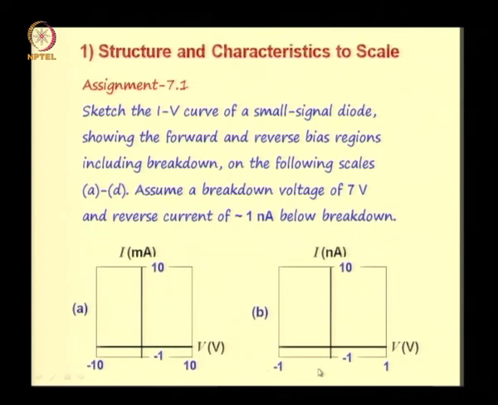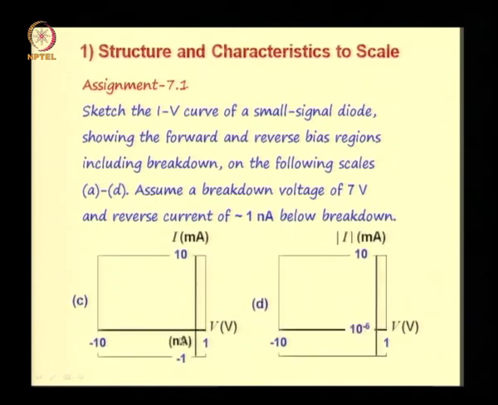In B, the voltage axis has been shrunk to between the limits minus 1 to plus 1 volt, and the current axis is in nanoamperes rather than milliamperes. In C, the positive current axis is in milliamperes, whereas the negative current axis is in nanoamperes.